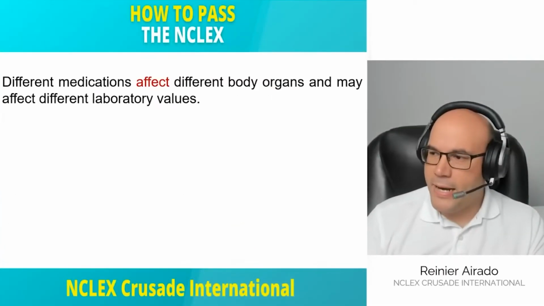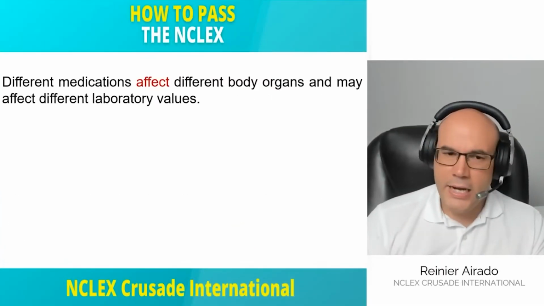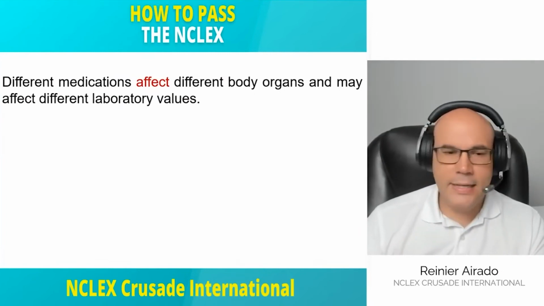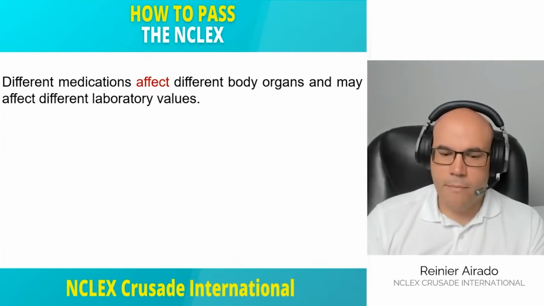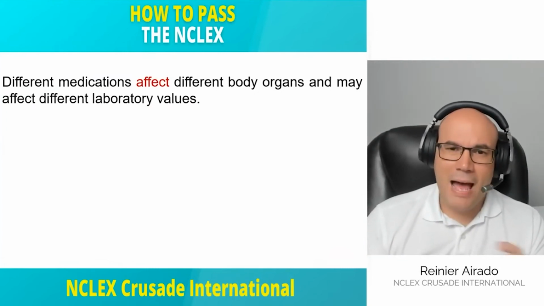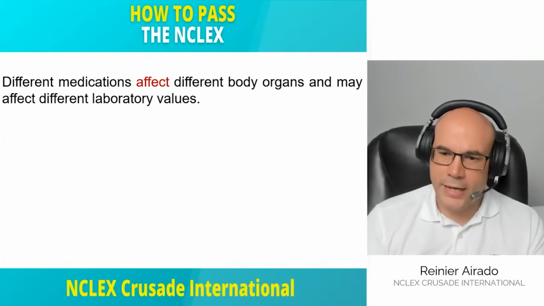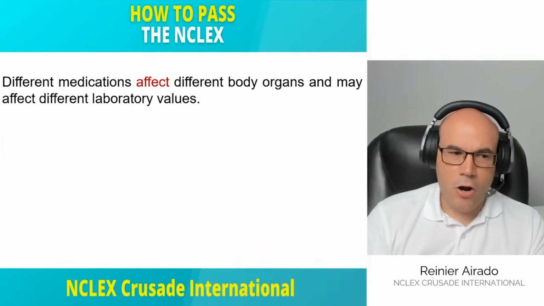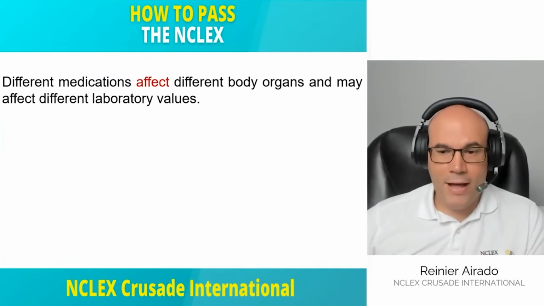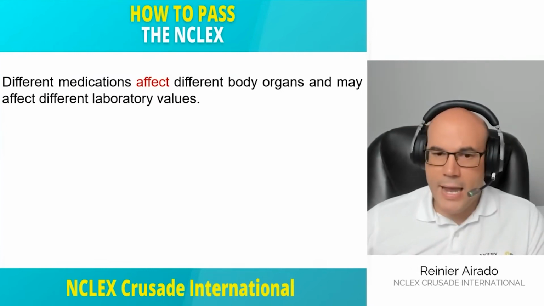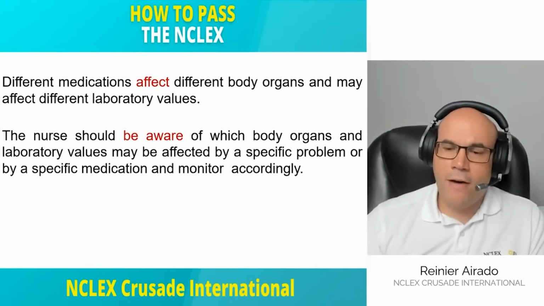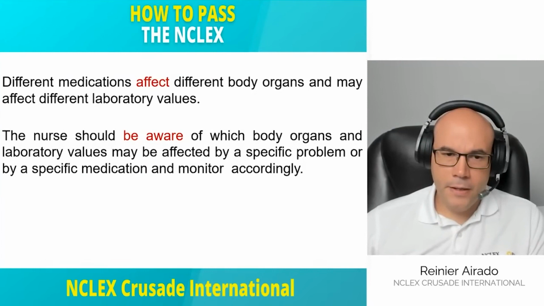There are different medications that you need to know, and each one of these medications affects the body and organs in different ways. There are some medications for which you really need to learn which laboratory values pertain to them. There are some medications for which, before you administer, you have to monitor lab values. There are some for which you have to see how the vital signs are.